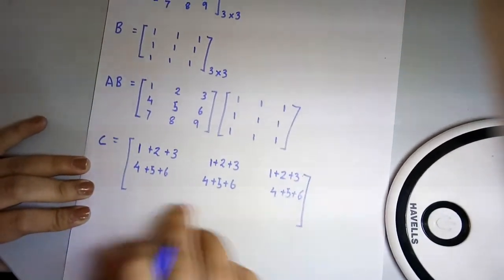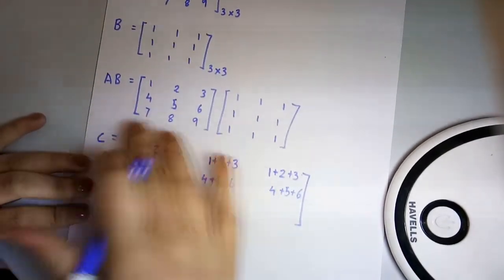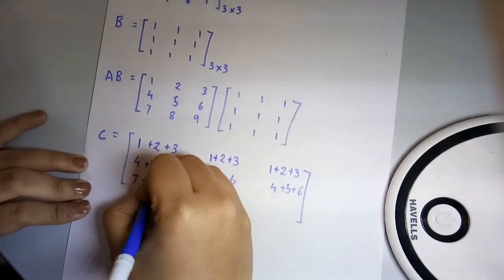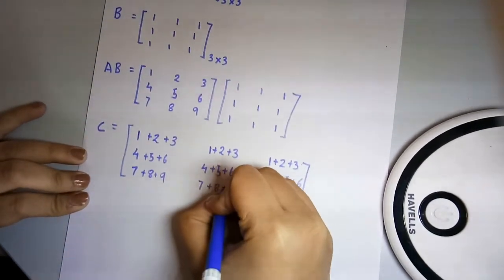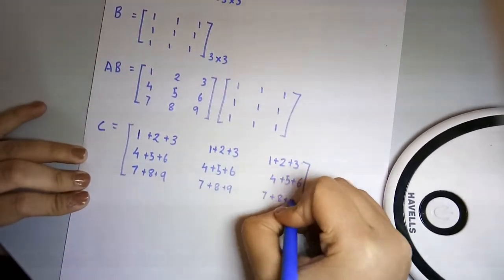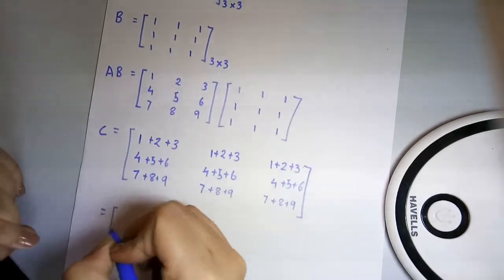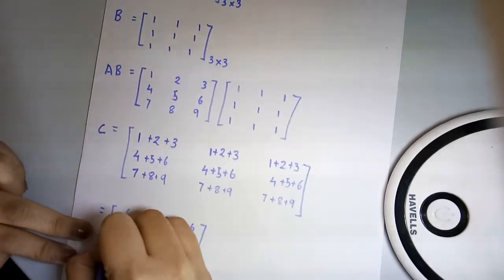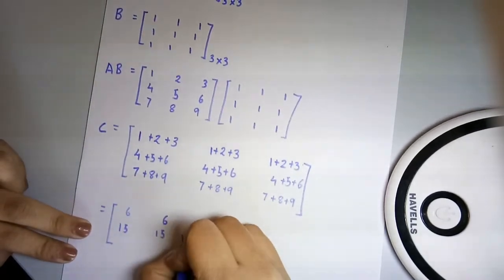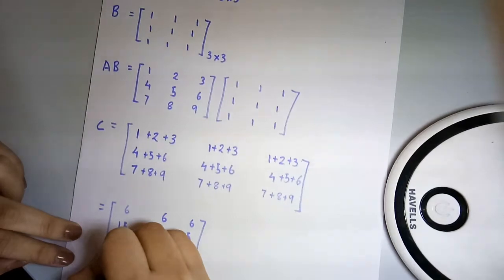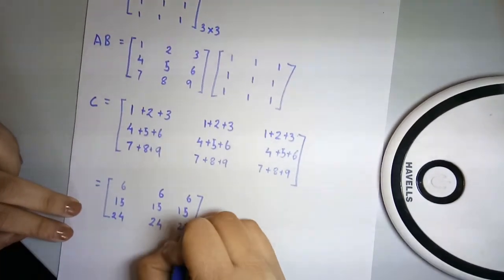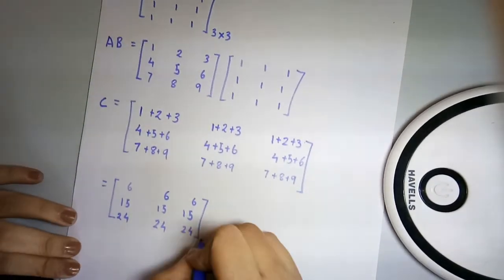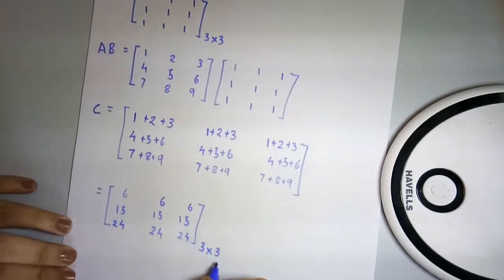For the last row of C, we multiply the last row of A with the subsequent columns in B. So this is the answer we get when we multiply this matrix A with this matrix B, and you can see that the order of this matrix is 3 cross 3.